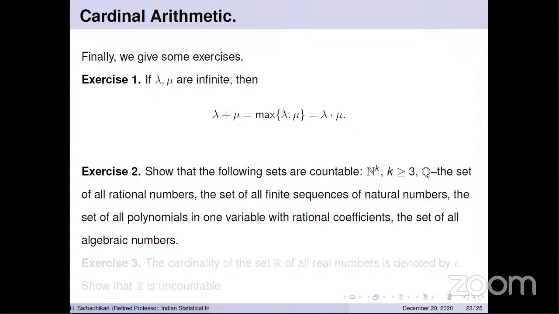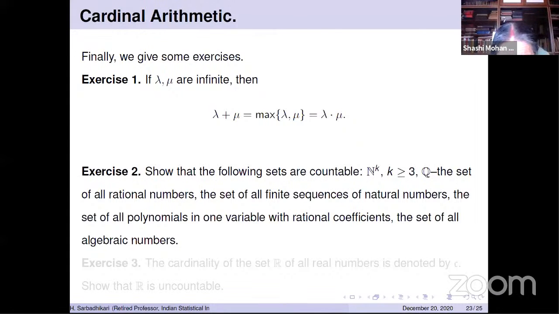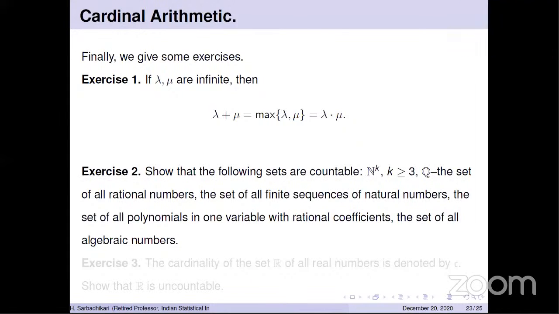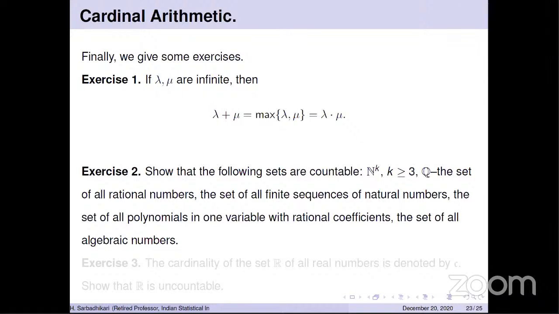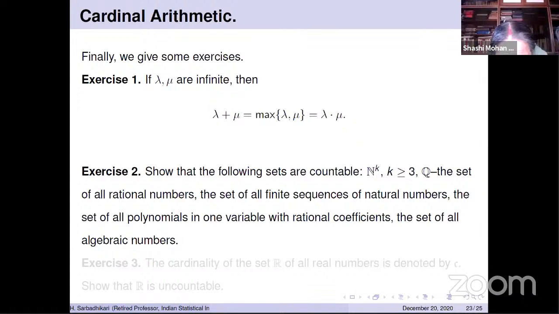We can consider the set of rational numbers as a subset of the set N squared, considering the numerator and denominator as a tuple of two natural numbers. Say that again, a bit slowly. Yes, you can consider it as a subset of Z squared, taking the numerator and denominator.